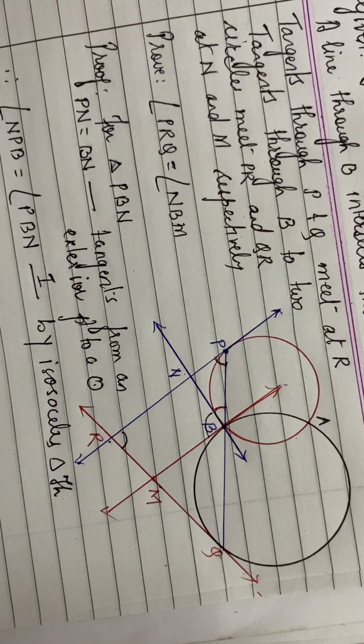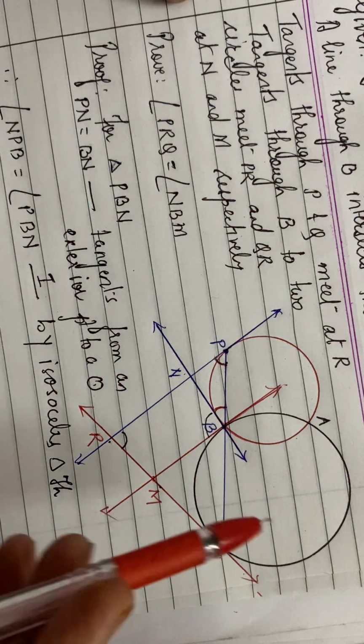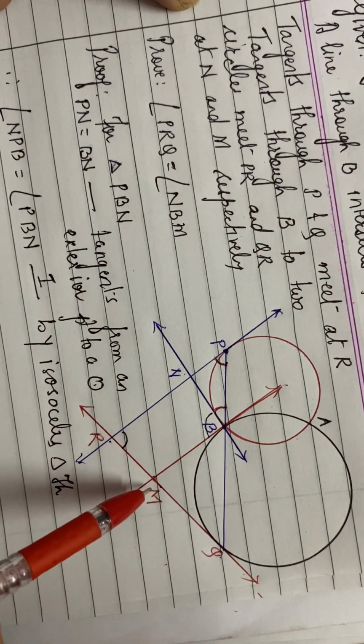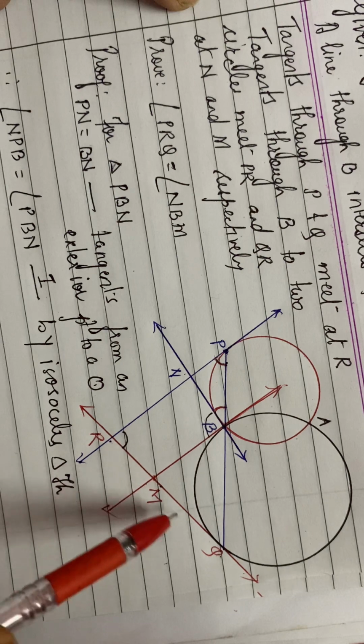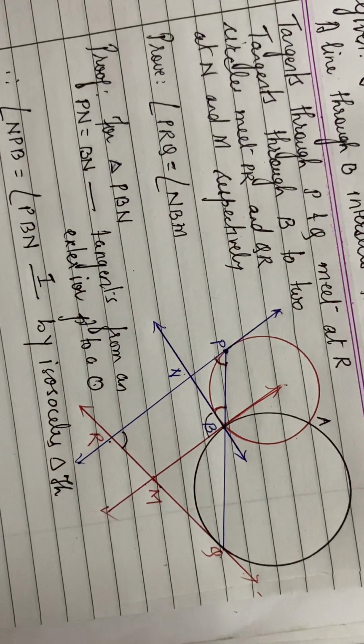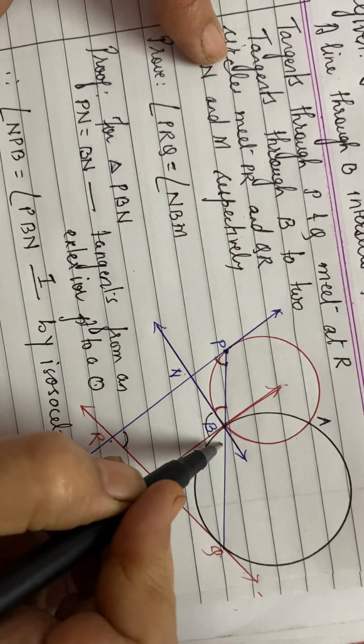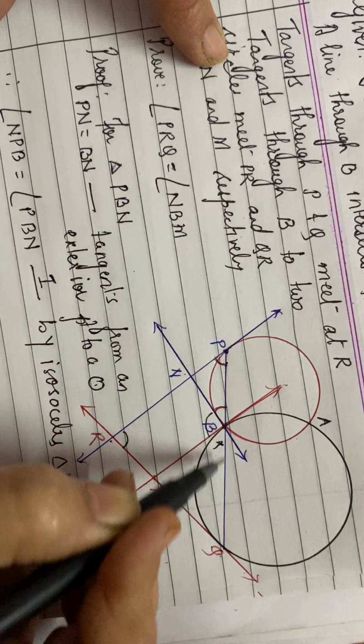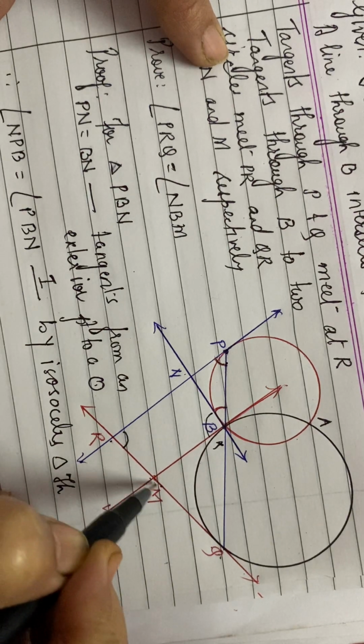Now if you consider this triangle, that is BM is equal to MQ. Again, tangents drawn from an external point to a circle are equal in length. So therefore these two angles will be equal. Angle MBQ will be equal to angle MQB.